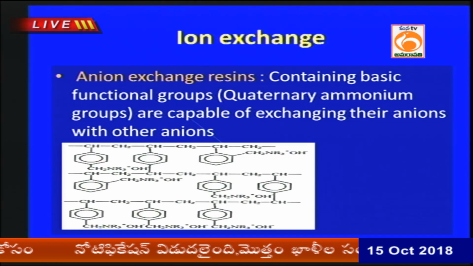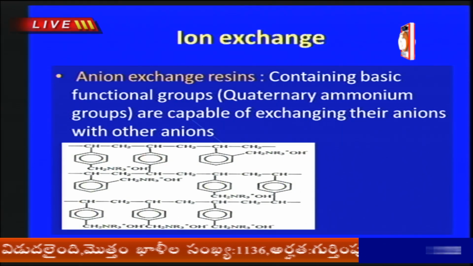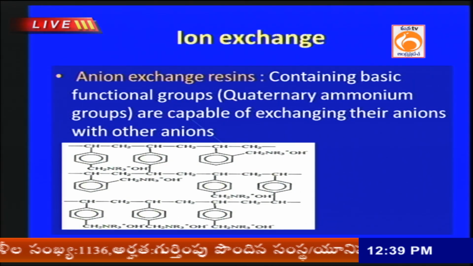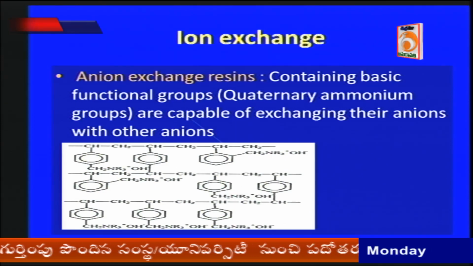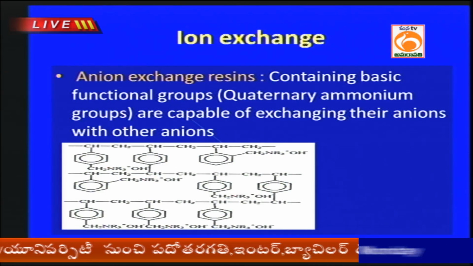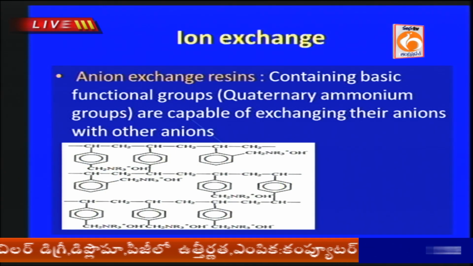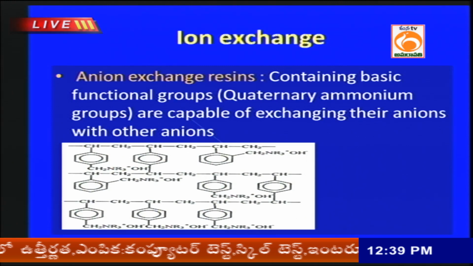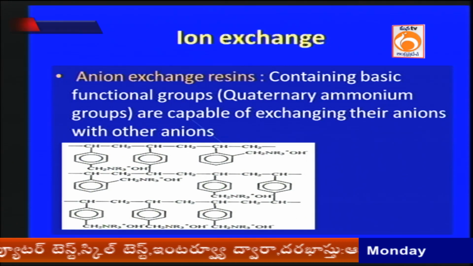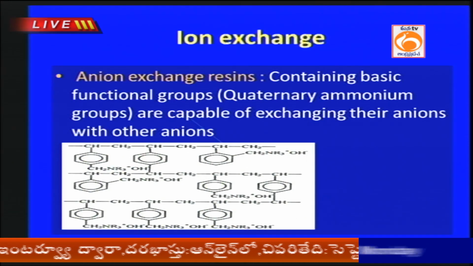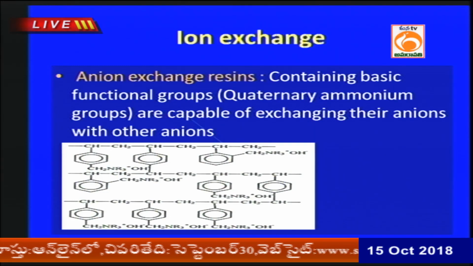So we get the OH minus outside, and the hardness causing anions like chloride and sulphate go into the porous structure of the resin. This is an example of an anion exchange resin. Now see the process of how to remove the calcium, magnesium, chloride and sulphate ions, the hardness causing ions, in the figure.